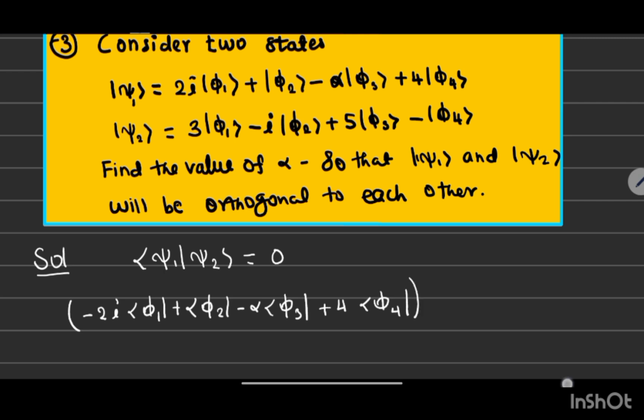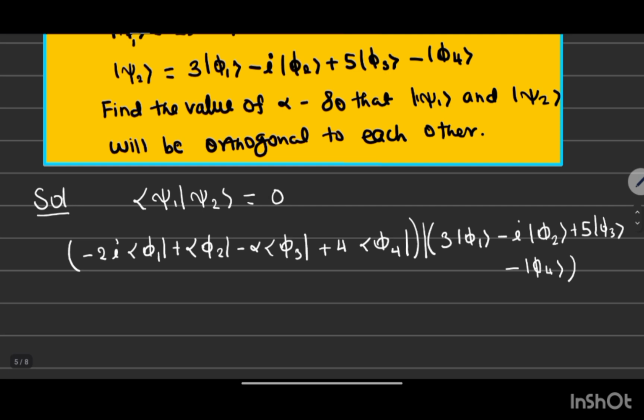Okay, what is ket psi 2? It is 3 times ket phi 1 minus i times ket phi 2 plus 5 times ket phi 3 minus ket phi 4.